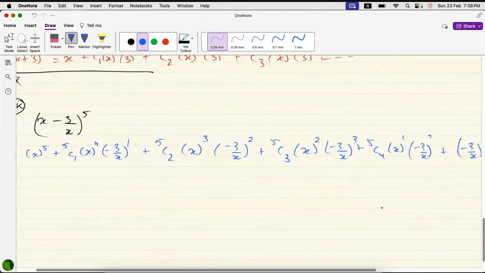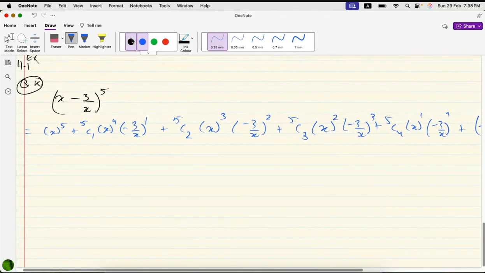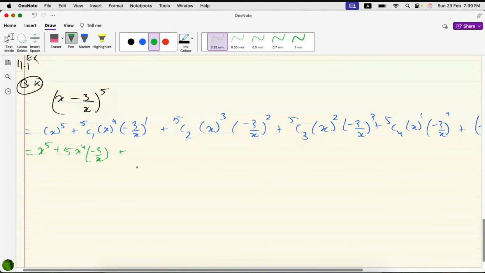Now I'm simplifying. x^5, and I'm using a calculator. 5C1 is 5, x^4 into minus 3 by x. I won't go for direct simplifications if I have less practice.